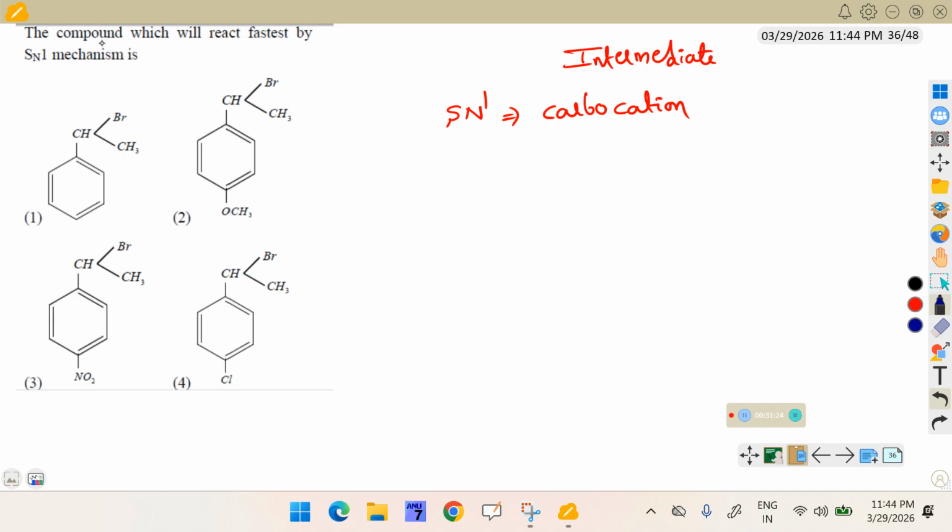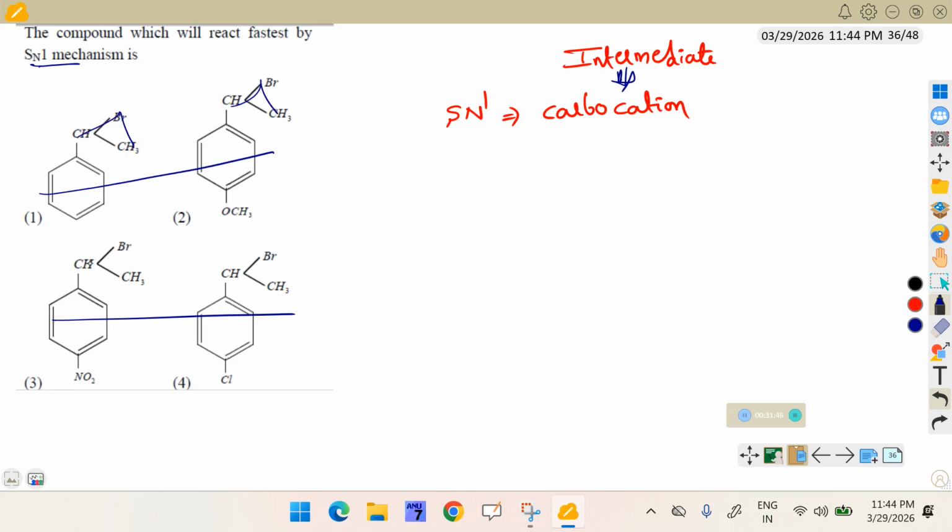The compound which will react fastest by SN1 mechanism. We know that in SN1 mechanism the reaction intermediate is carbocation. In all cases benzene ring is present, and in all cases CHBr CH3 is present.